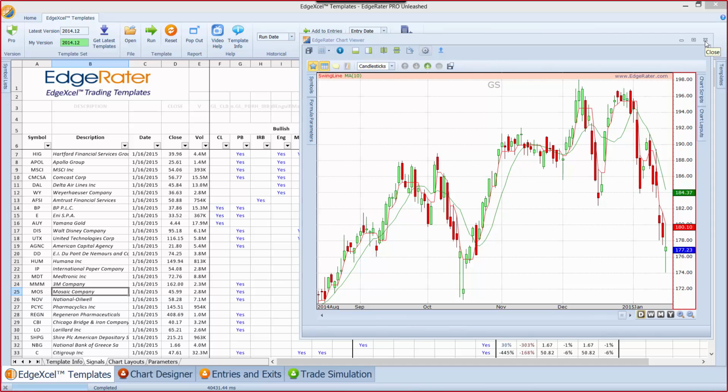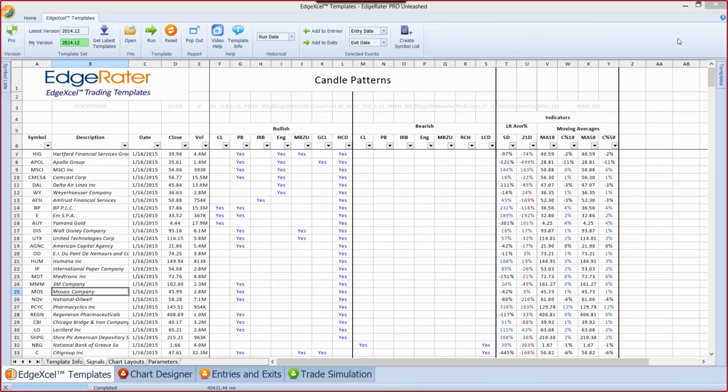Well, I think we covered the template pretty well. So I think everyone can see that it's very easy to use this template. It's simple in that you just run it, and then once you have the information in the template itself, or in the report that's produced from running the template, you can do all sorts of sorting and filtering to find the things that you are particularly interested in.